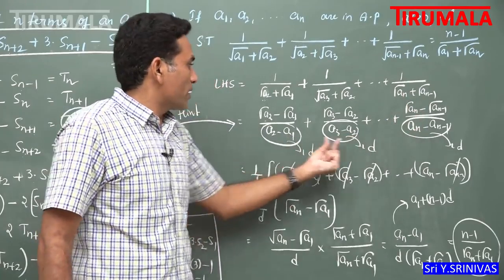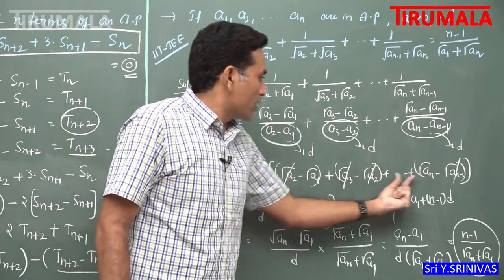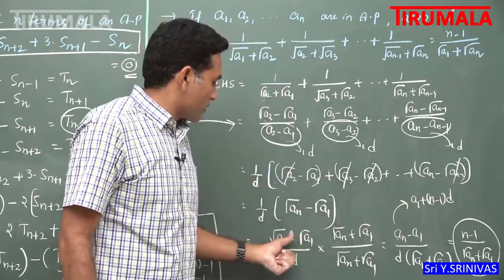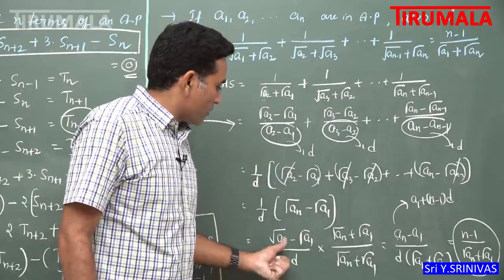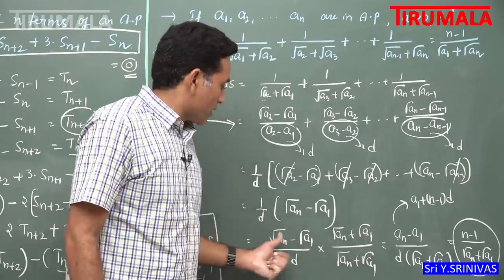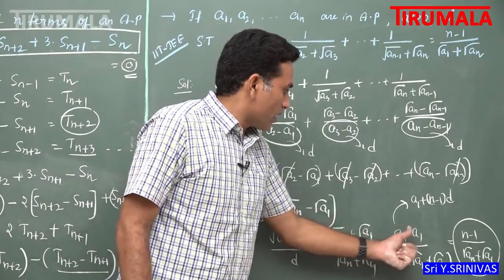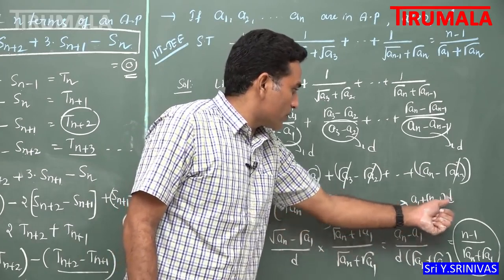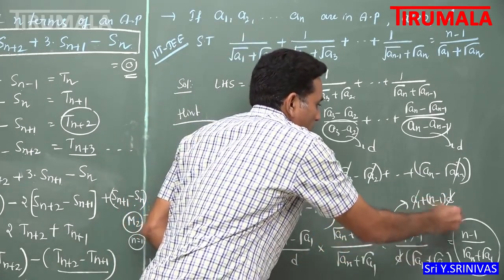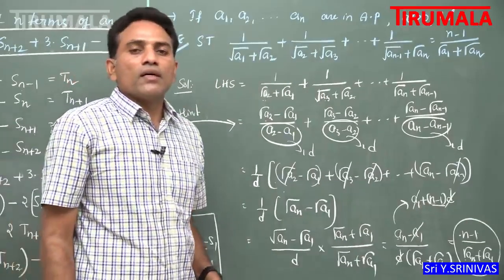After that, in the denominator d is common, and in the numerator all terms are cancelled except root an minus root a1. Again multiply and divide with root an plus root a1. Here a minus b, a plus b gives a square minus b square. An is a1 plus n minus 1 into d. a1 gets cancelled, d gets cancelled. Remaining one is n minus 1 by root an plus root a1, which is the answer.